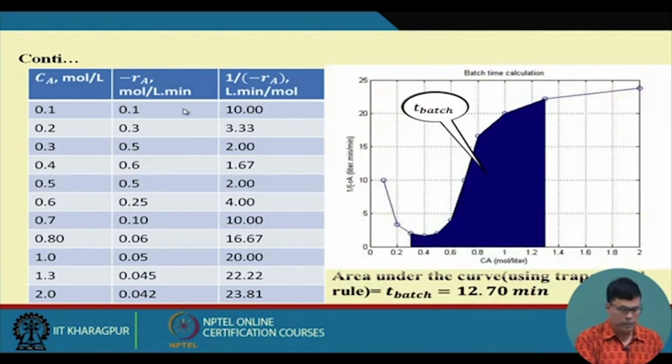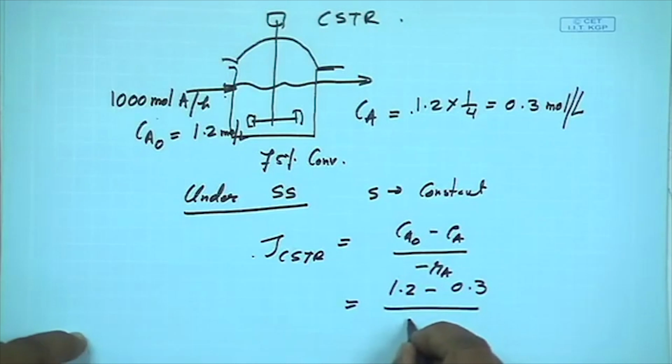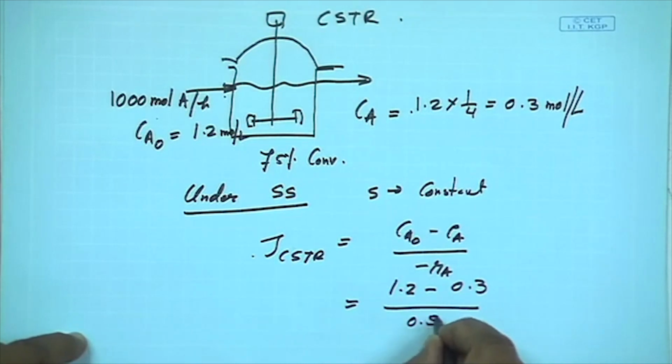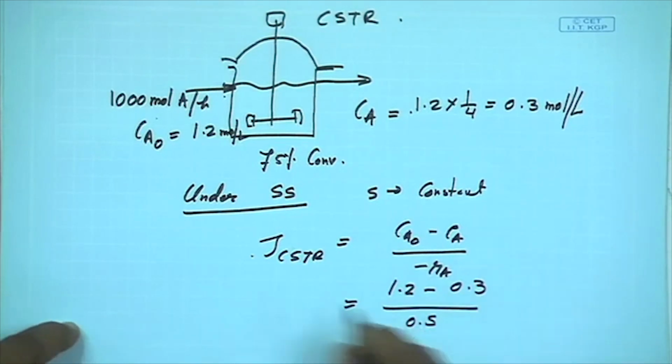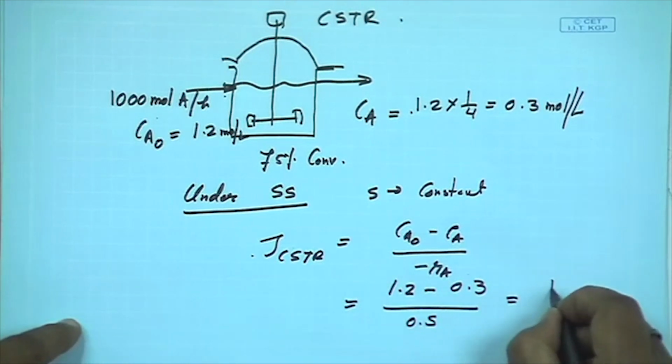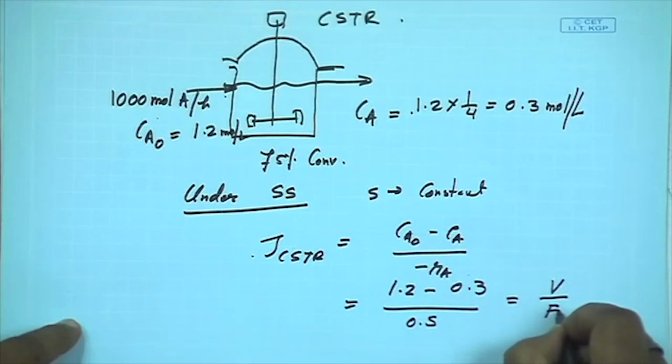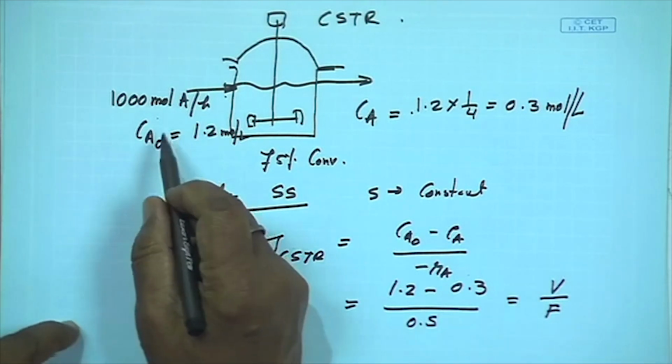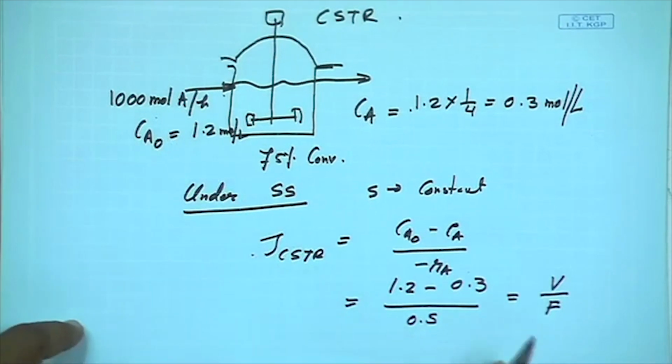So, you can divide by that 0.5 and get the tau CSTR, which is equal to V by F. Now, F I showed you in the last problem how you can find out.